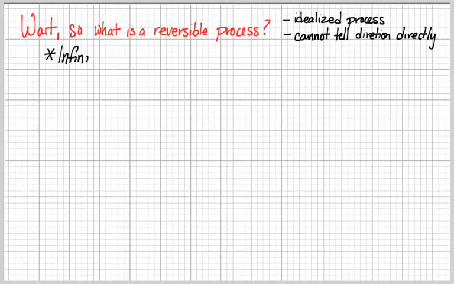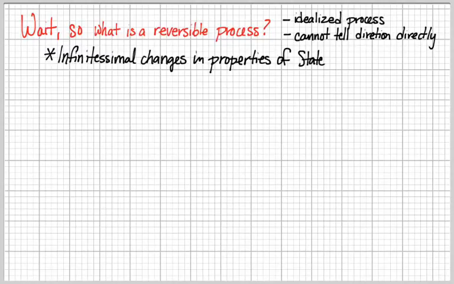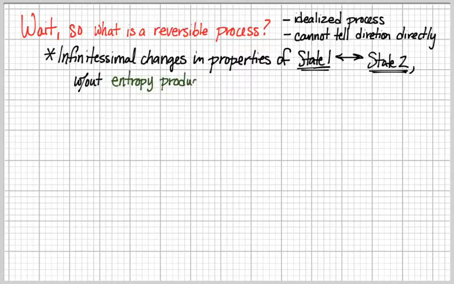And so in this case, anytime I have a reversible process, another way to look at it is that example early on in your textbook where we have small infinitesimal changes in properties of state 1 and state 2, like infinitesimal changes in pressure, because we're moving an infinitesimally small weight off of my piston going from state 1 to state 2.